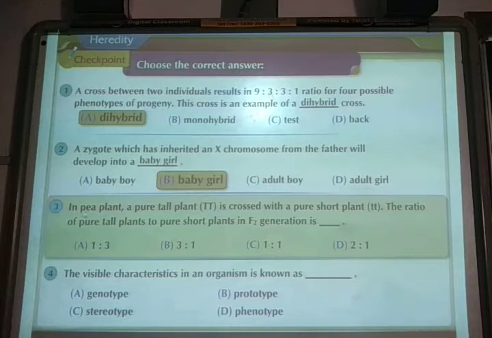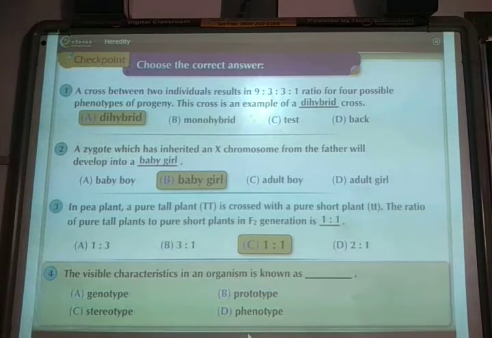In pea plant, a pure tall plant TT is crossed with a pure short plant tt. What was the ratio of pure tall plant to pure short plant in F2 generation? 1:1. Yes.